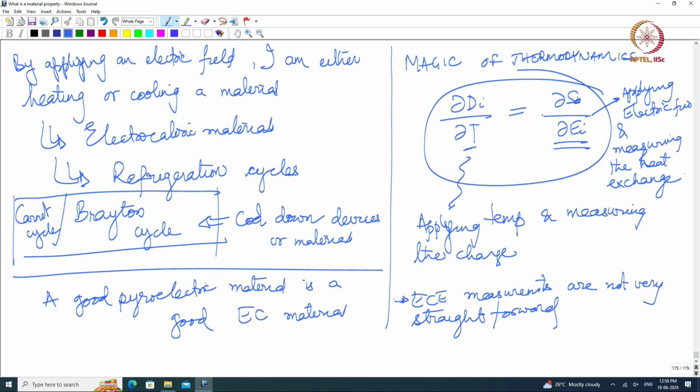You have what are called electrocaloric efficiencies, so the cooling or heating that you get because of having an electrocaloric material, you can directly measure temperature and try to understand what this effect is, right, using IR cameras, etc. But it is not a straightforward measurement, right. But the change in polarization as a function of temperature is a straightforward measurement.